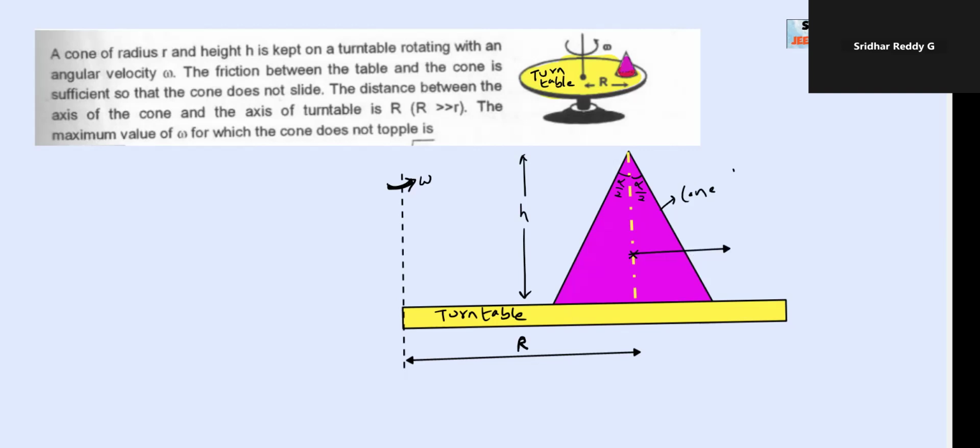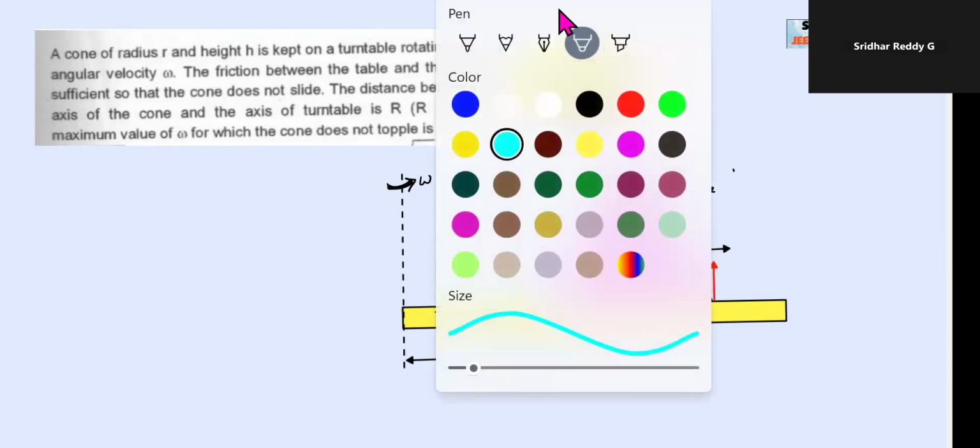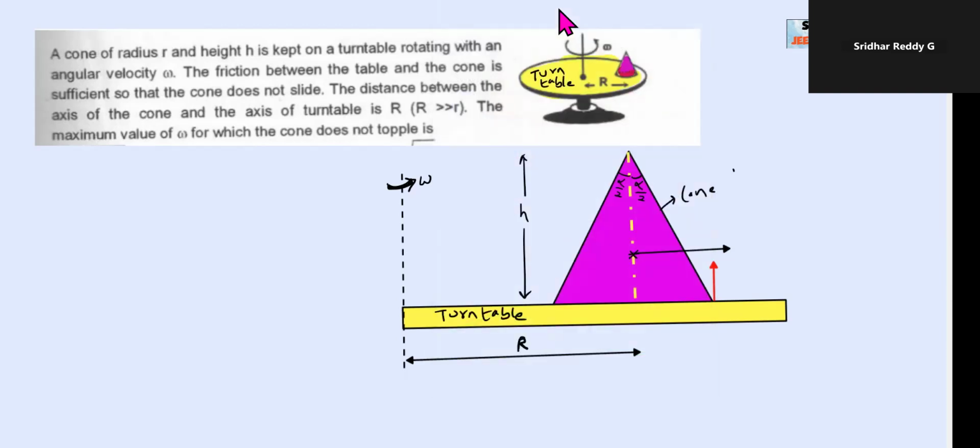Then the normal contact, and then mg. Okay, these are the forces.